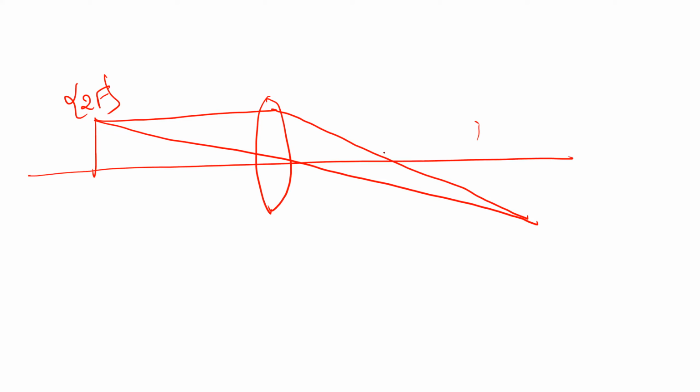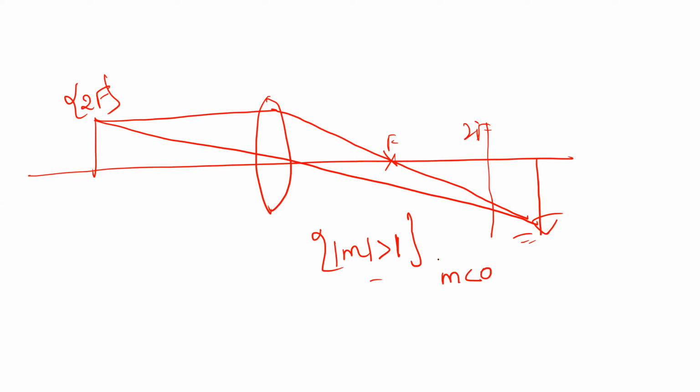This is f, this is f, this is 2f. The image will be formed beyond 2f. This magnification will be greater than 1, and m is less than 0, which means it is inverted, and also on the opposite side, a real image, because both are on the opposite sides. V is on one side and u is on the other side. Got it?